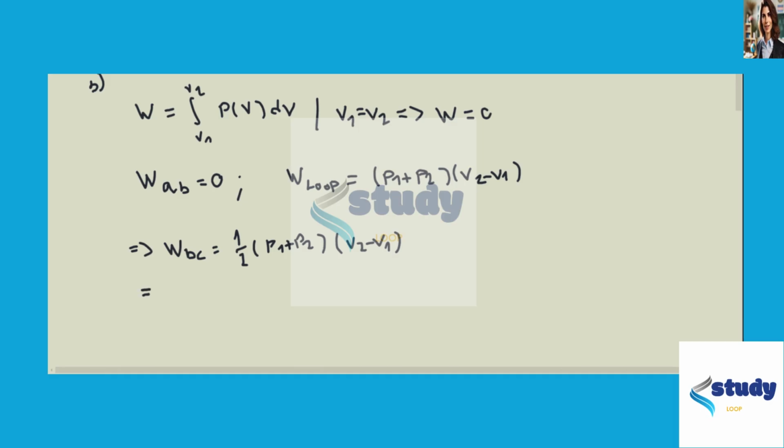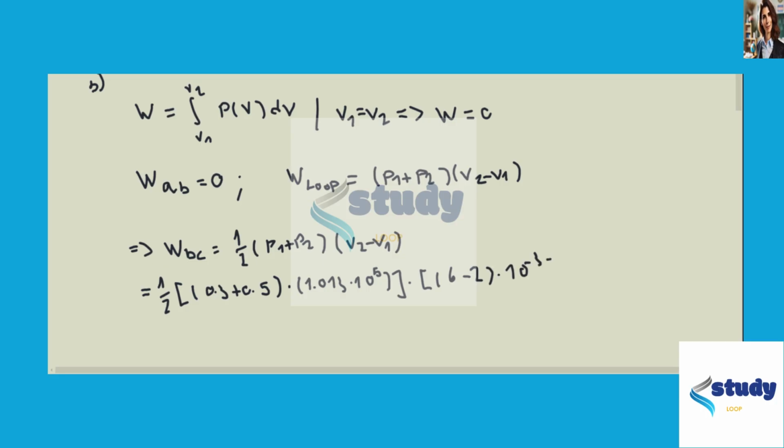And we need to substitute the known values here. So this is going to be equal to 1/2 times (0.3 plus 0.5) times 1.013 times 10 to the fifth. This is in pascals, and all of this times (6 minus 2) times 10 to the minus 3.